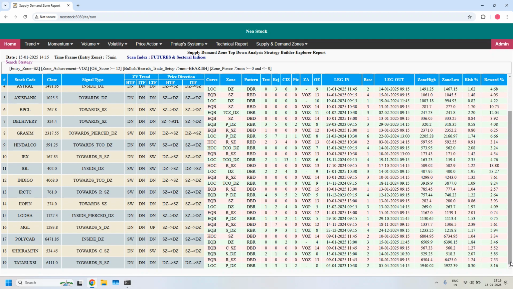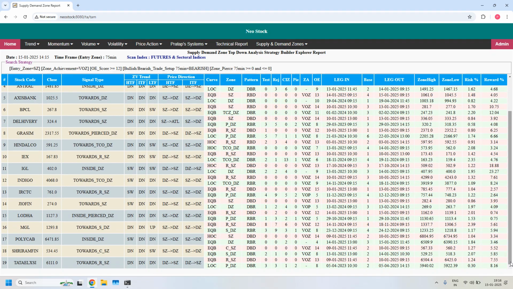Out of these 19, some of the supply zones are high liquidity supply zones. Apart from that, we should also filter based on the high probability setup zone confluence. Because entry zones in all these 19 stocks are 75 minute supply zones.